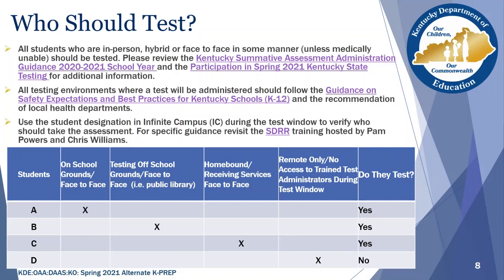Also concerning all test administrations that occur in person, whether they occur in school buildings, alternate locations, or in home or hospital settings, any test administration should be provided while following the guidance on safety expectations and best practices for Kentucky schools K through 12, as well as the recommendations of local health departments at the time of testing. Again, there are several links provided on this slide. To access these links, you must be viewing this presentation in slideshow mode.